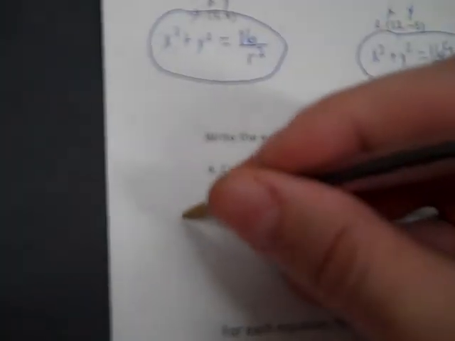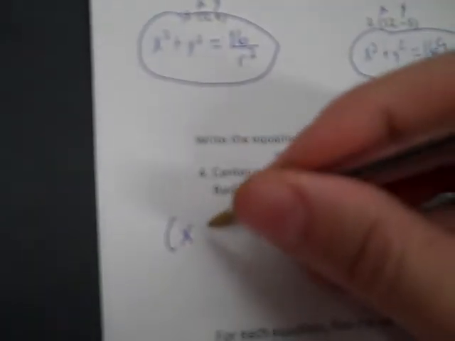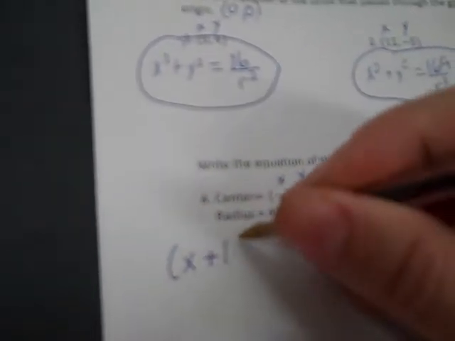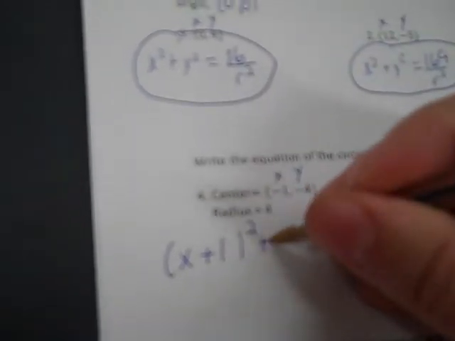Okay, now I need to write the equation of a circle with the following attributes. Now the center is no longer at 0, 0, it's at -1, -4. So since the center is not 0, 0, it won't be just x second plus y second. It'll have an x in parentheses minus, but the center for the x is -1, so I need to make that +1, and then to the second, plus.